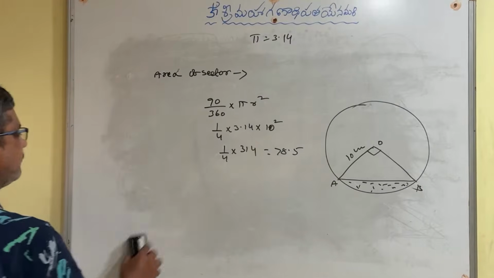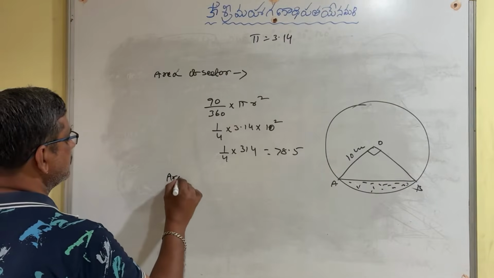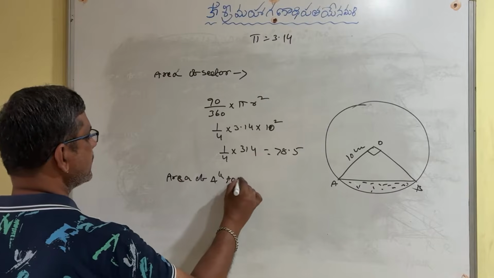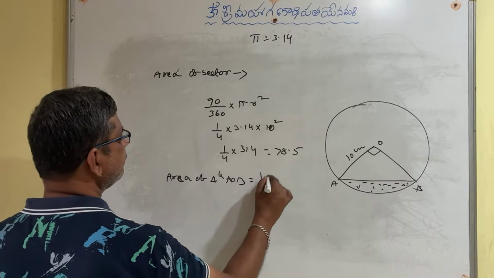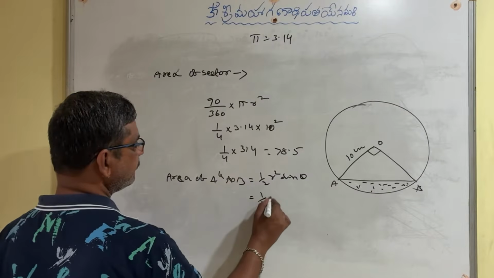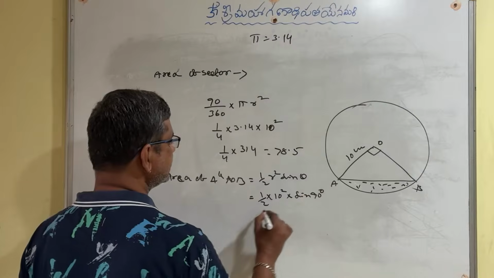Now find the area of triangle AOB. Half r square sin theta, half r square sin 90 degrees.